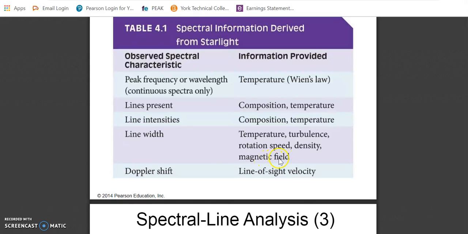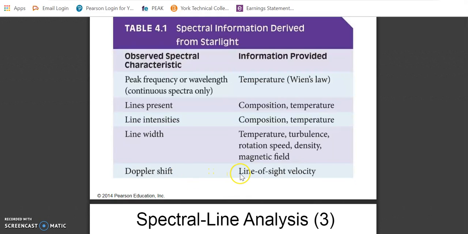You can't see that with all objects in the night sky. For example, we can do this when we do the spectral analysis of the sun. We can do the spectral analysis of Jupiter as well, and measure the magnetic field.